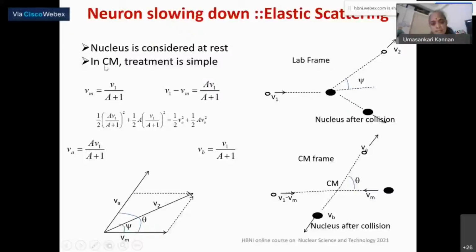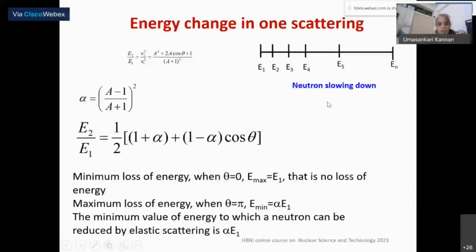Then you consider the center of mass frame, and it's a simple two-body collision. And then you get the final velocities, and the initial minus final velocity is dependent upon the mass number, which is A, of the nucleus. What I want you to understand more is that, let us say this neutron is born as a fast neutron at the instant of fission.